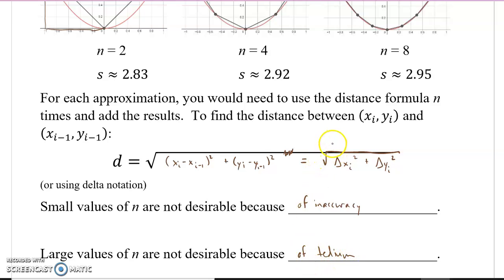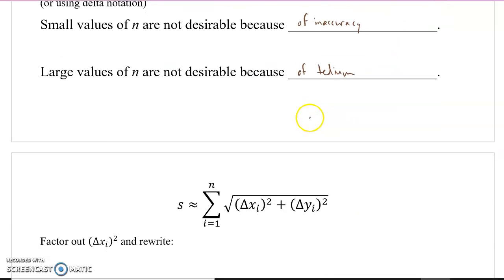We could build a program, maybe program a spreadsheet to do this. That wouldn't be too terribly difficult. But we are in the business of getting exact values, so we're going to go ahead and use calculus to find an exact value. So what we're going to do is we're going to say, well, we've got this sum of n line segment lengths, and we're going to try to deal with this.